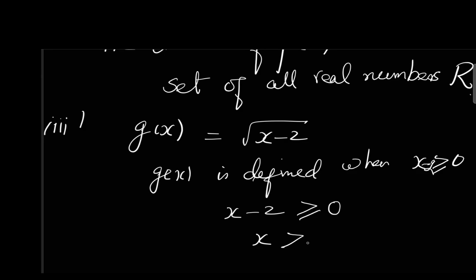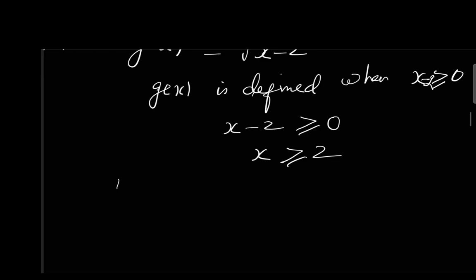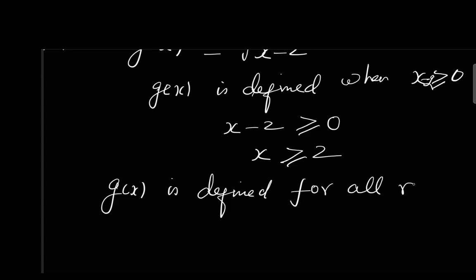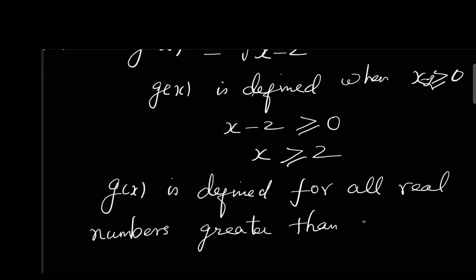Take 2 to the other side: x is greater than or equal to 2. So g(x) is defined for all real numbers greater than or equal to 2.